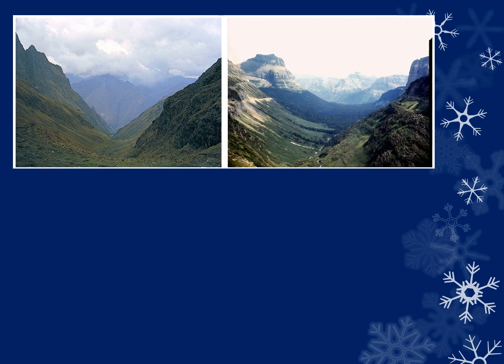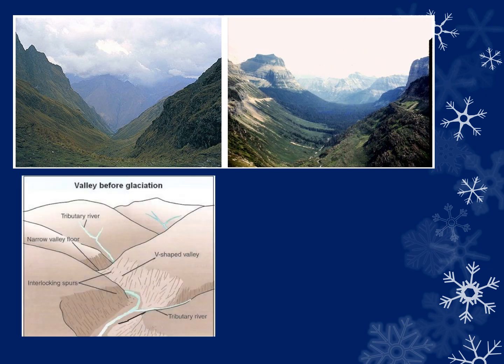But in the one on the left here, you can see that we have got a really narrow valley. That's because the thing that eroded it was really small and really narrow. So that river would have had to wind around all of the mountains that were there and wiggle its way through the path of least resistance. And it creates these things called interlocking spurs, which we talked about in our rivers topic.